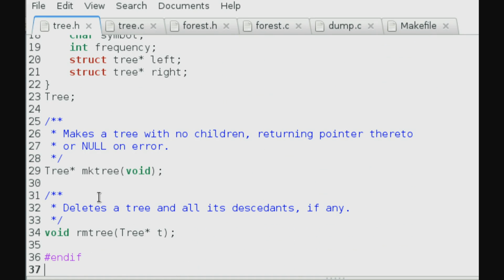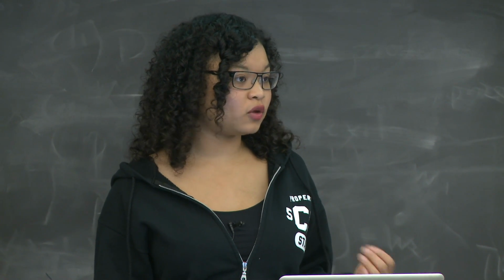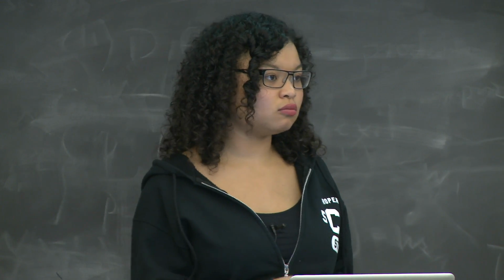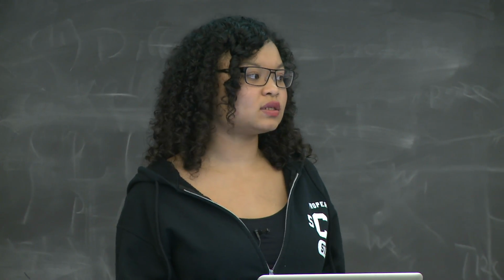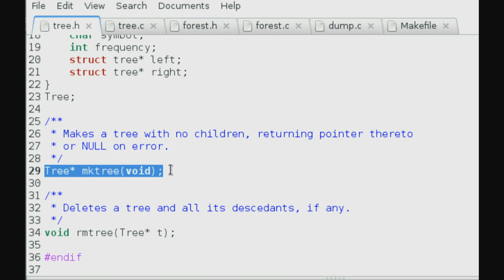Then we have a function that when you call make tree, it returns you a tree pointer. Back in Speller, when you were making a new node, you said node star, like new word, for instance, equals malloc, size of, and things like that. Basically, make tree is going to deal with that for you.